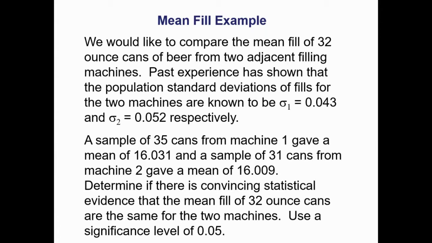Okay, so we would like to compare the mean fill of 32-ounce cans of beer from two adjacent filling machines. Past experience has shown that the population standard deviations of fills for the two machines are known to be sigma 1 equal to 0.043 and sigma 2 equal to 0.052 respectively.